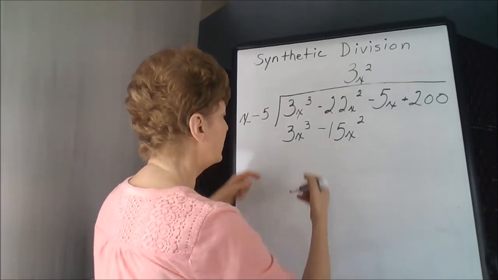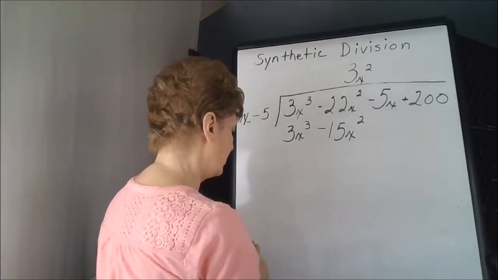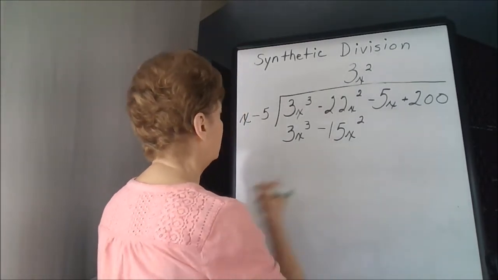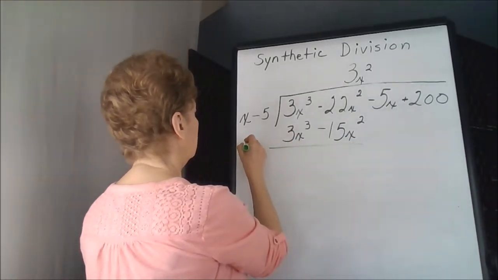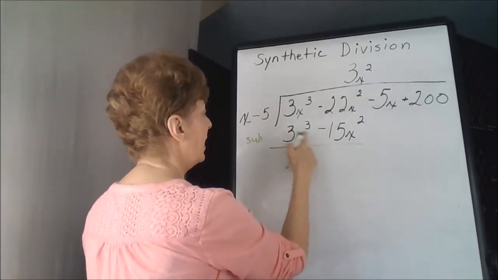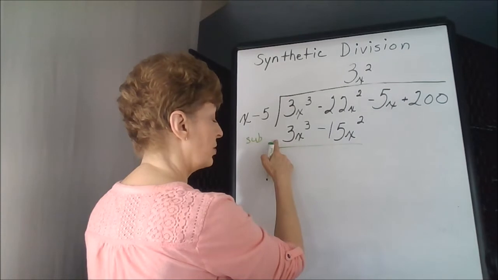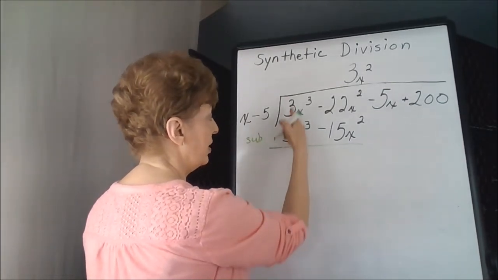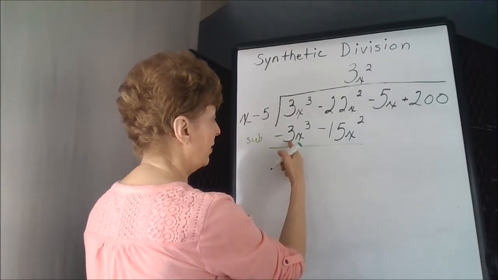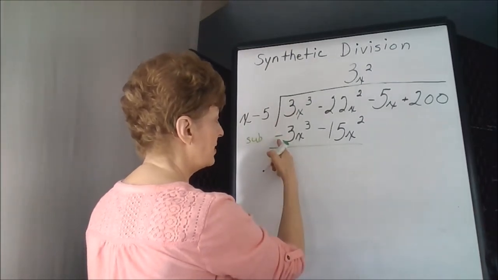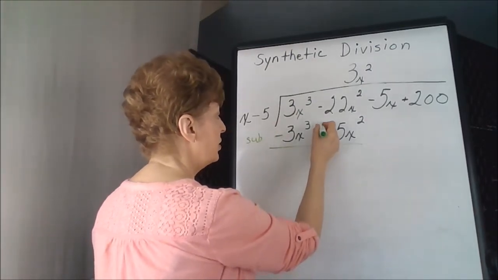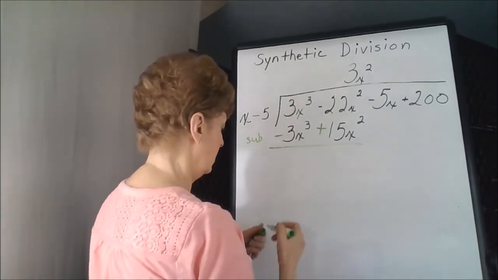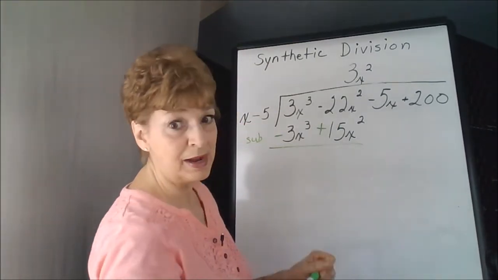I can now subtract. And when the subtraction step happens, these signs are all changed because we're subtracting. So this positive becomes a negative. That's the only way I'm going to get to wipe that out if this had different signs. And this one changes to a positive. Now I'm ready to combine my terms.